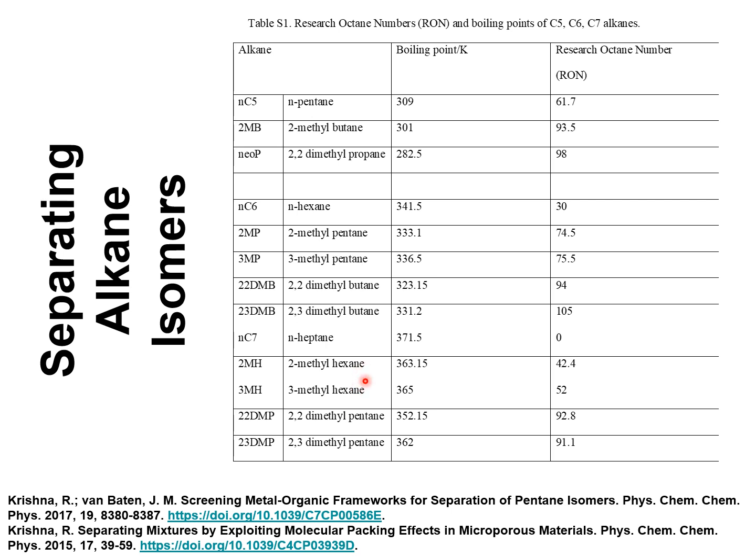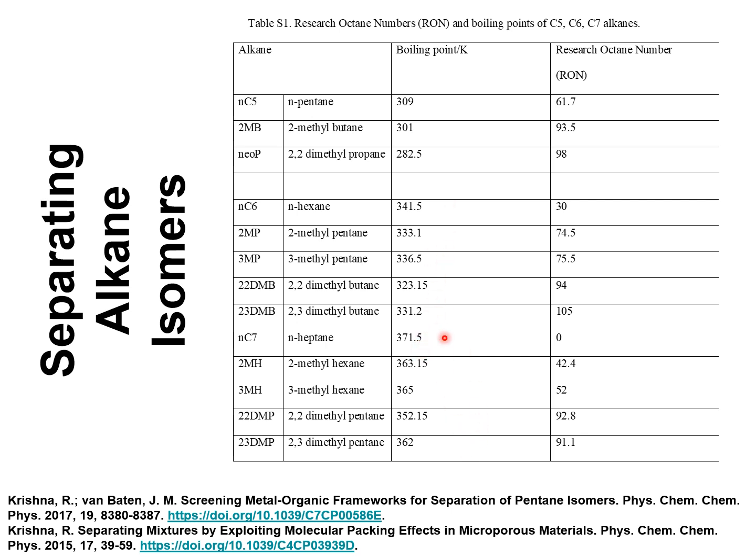And the di-branched isomers are the preferred components to be separated and incorporated into the gasoline pool. And the question is, how do we separate the di-branched isomers from the monobranched isomers, and how do we separate the monobranched isomers from the linear isomers?